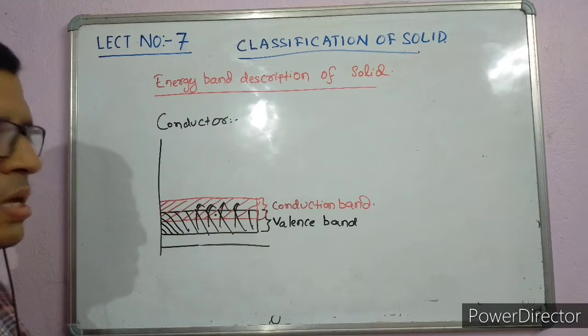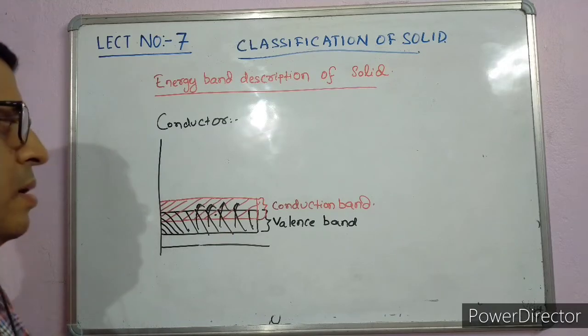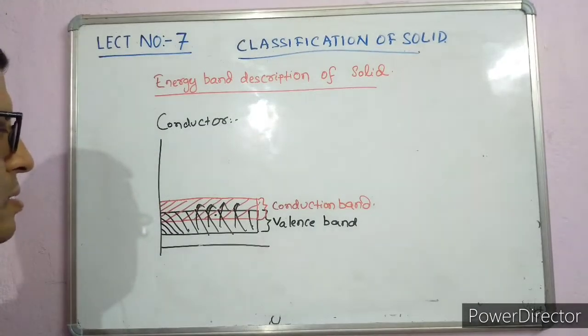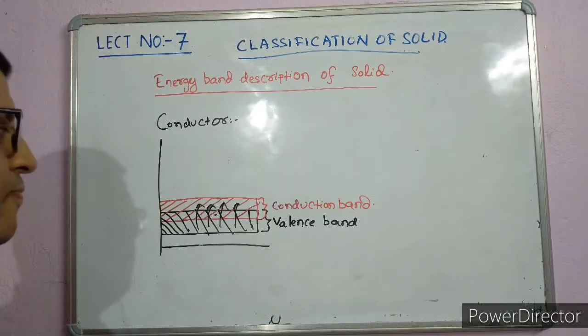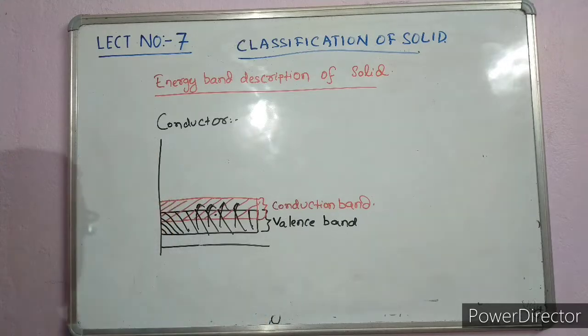In this way, the conduction band can have many electrons, and these electrons can carry current. They can help the current to flow through that solid which is a conductor.